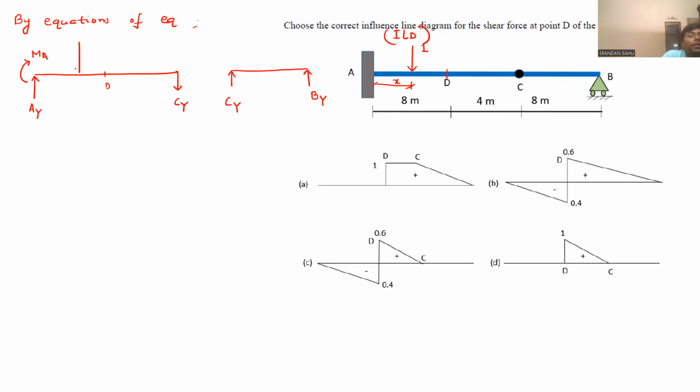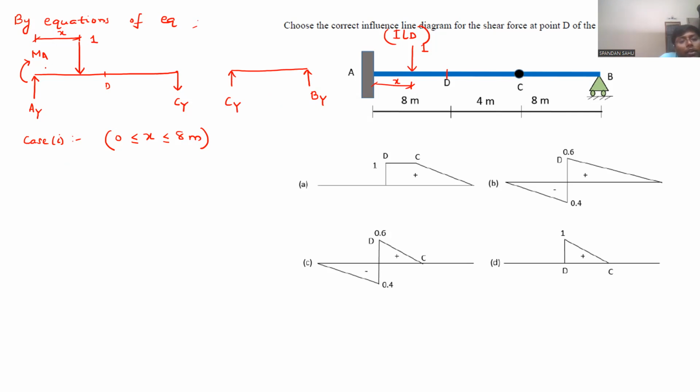Now, I am keeping our unit load 1 here, which is at a distance x. Now case 1, x is greater than or equal to 0 and less than or equal to 8 meter. Within this domain only, this 1 unit load is moving. Now let us calculate all those reaction forces.